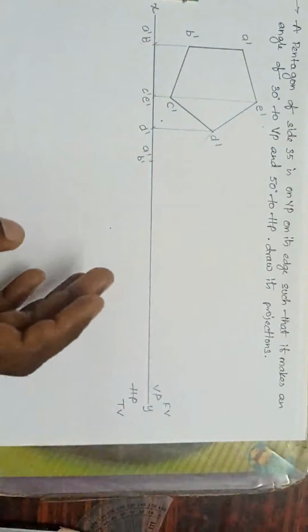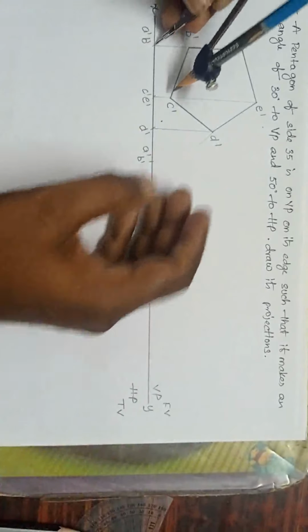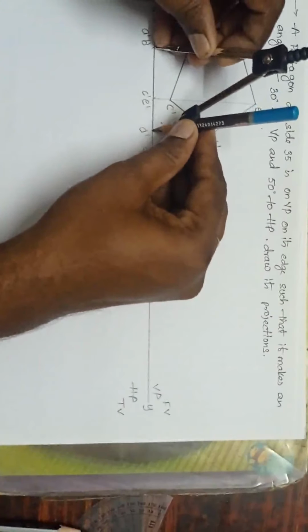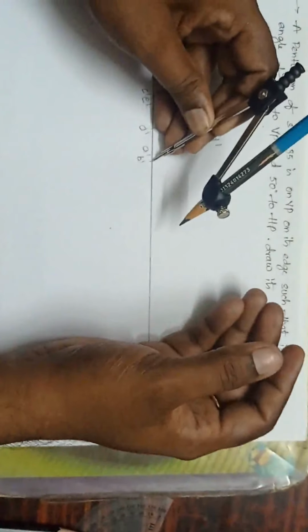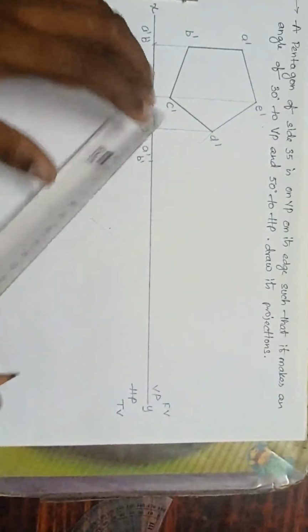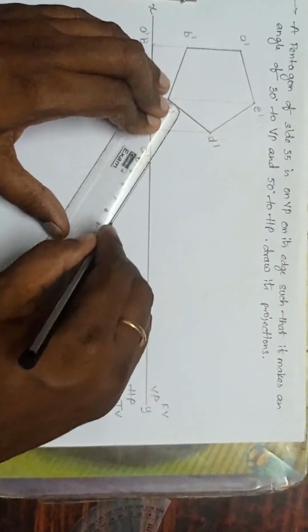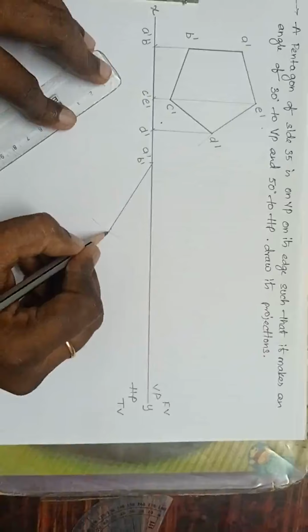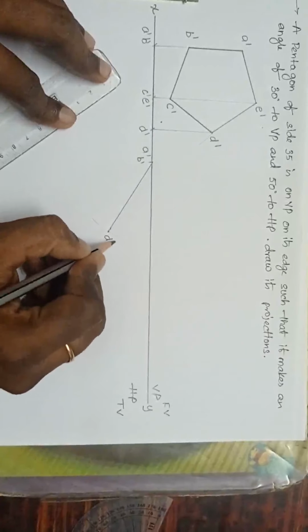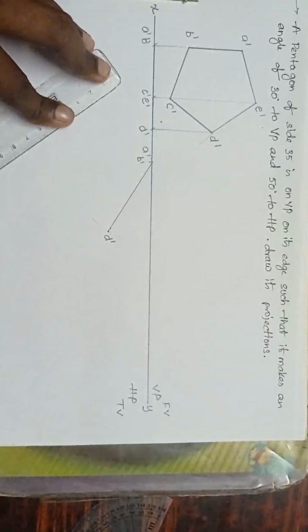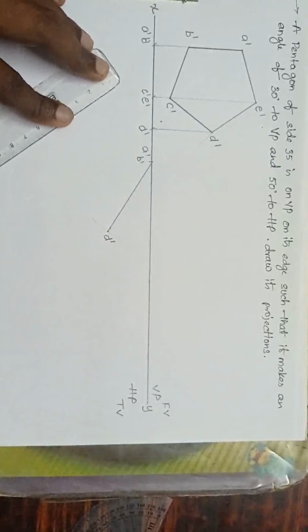Now take the length, that is A dash B dash to D dash. Yes, this as center, draw the curve, just join here. So this is the point D dash.